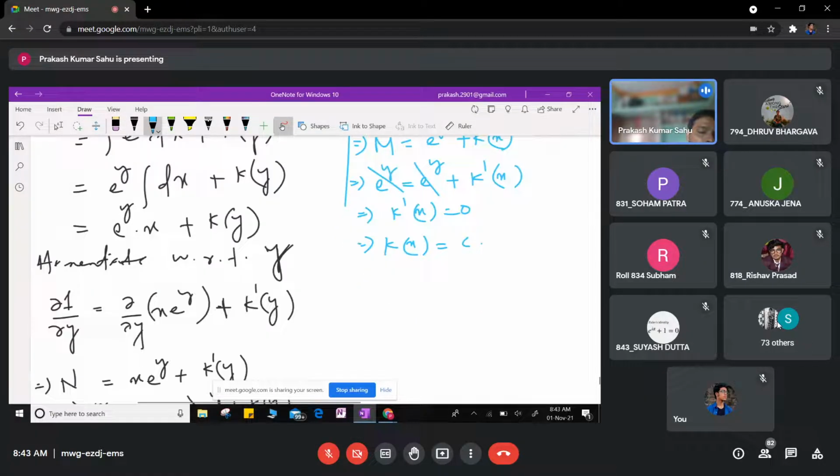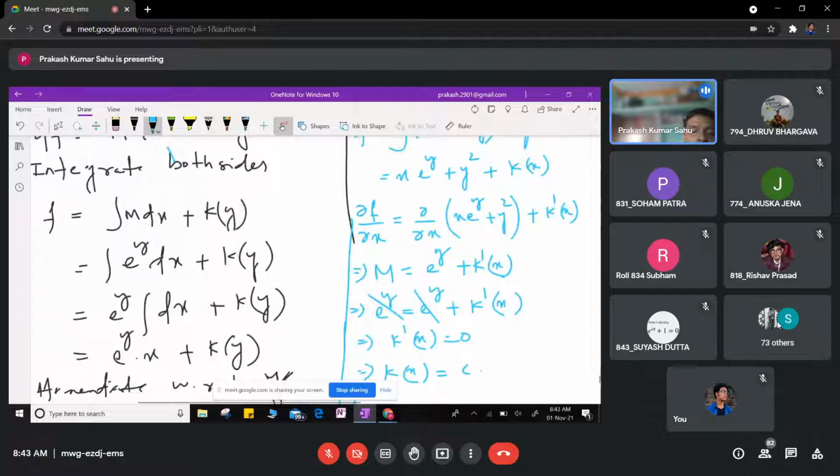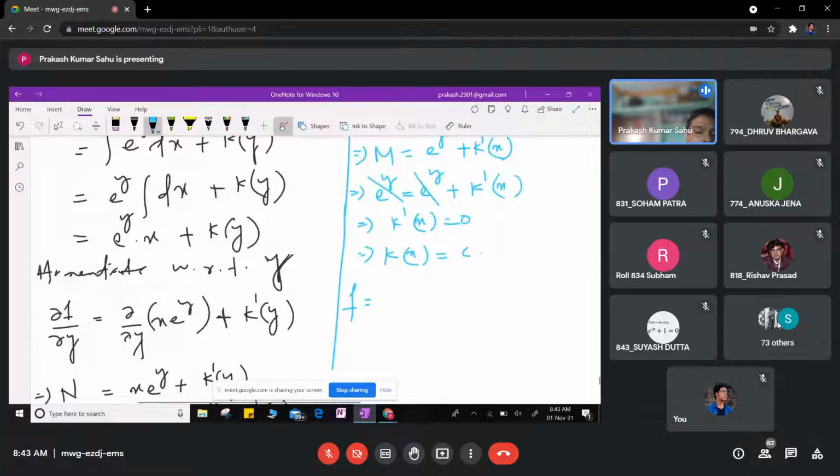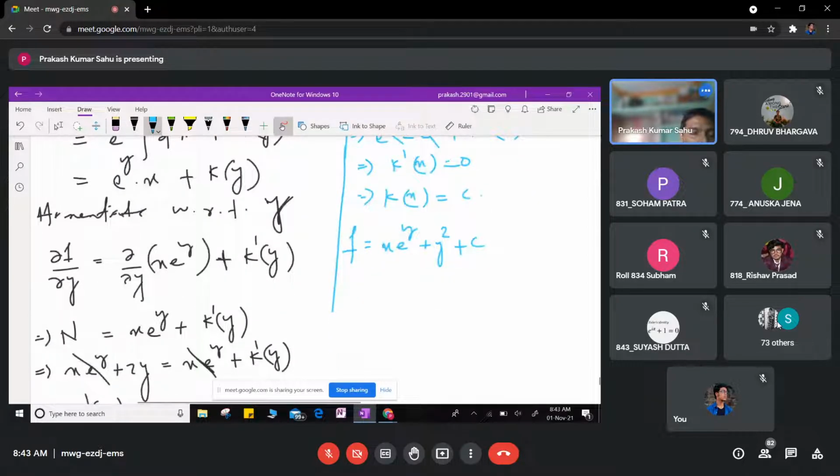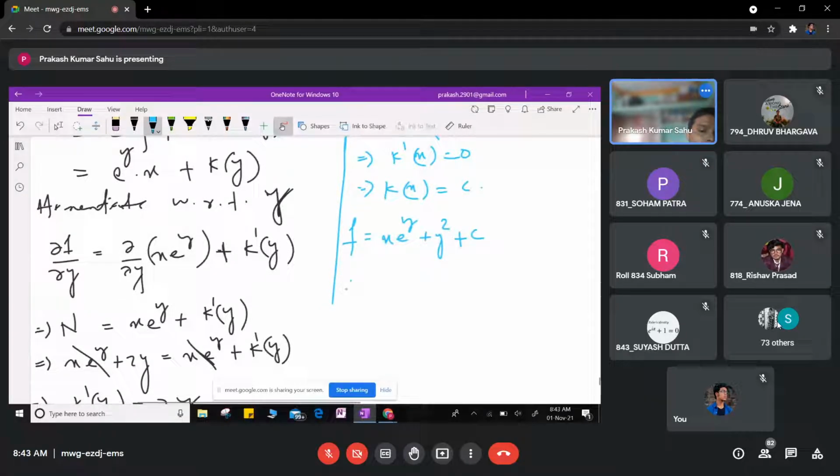So if kx is a constant, then what is the value of f? f is equal to x into e to the power y plus y square plus c. So this is the f, and the solution will be f is equal to c1, another constant c1.